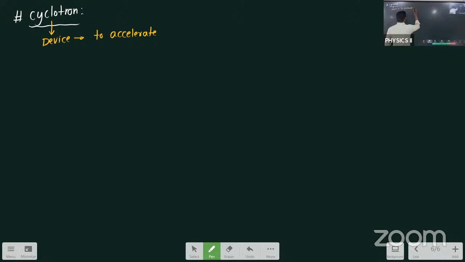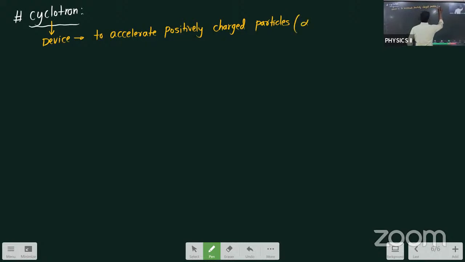Examples are an alpha particle, a proton, or a deuteron, your wish. So what is this cyclotron? Cyclotron is a device which is used to accelerate positively charged particles.